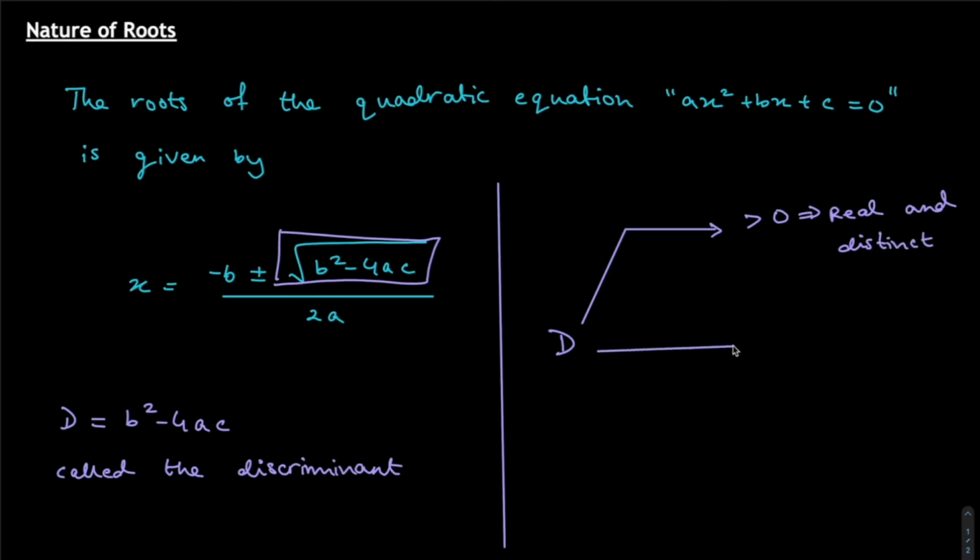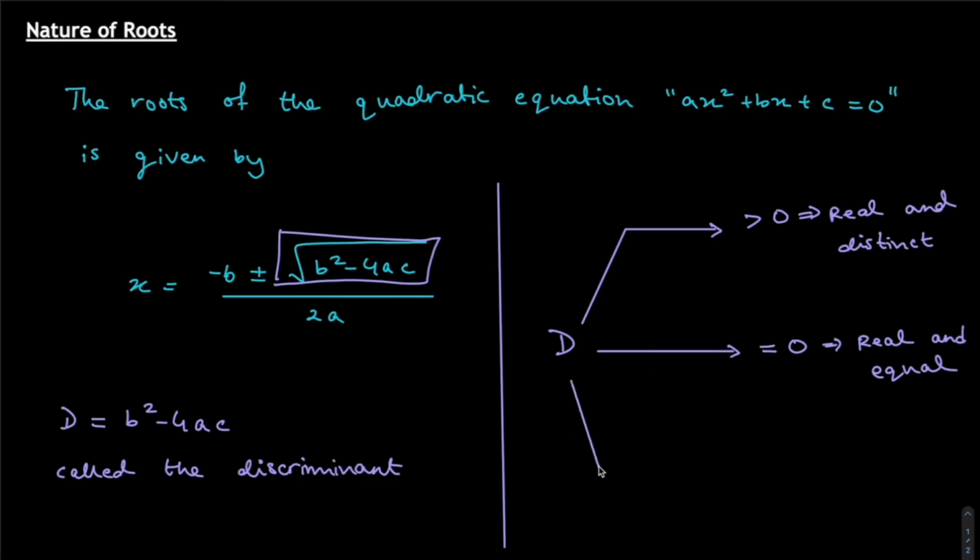The second case is if my discriminant is equal to 0. That means I'm going to have real and equal roots. So I have only one root, or you can basically say I have 2 roots which are the same. So technically I just have one root.